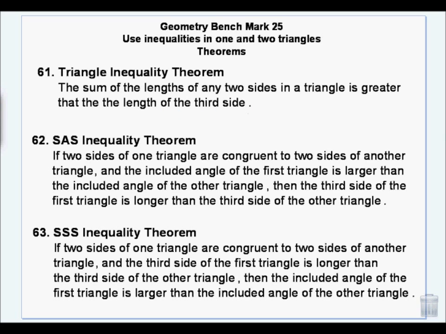So if I have a triangle, and I have a blue side, a red side, and say a green side, the length of blue and red is going to be bigger than green.